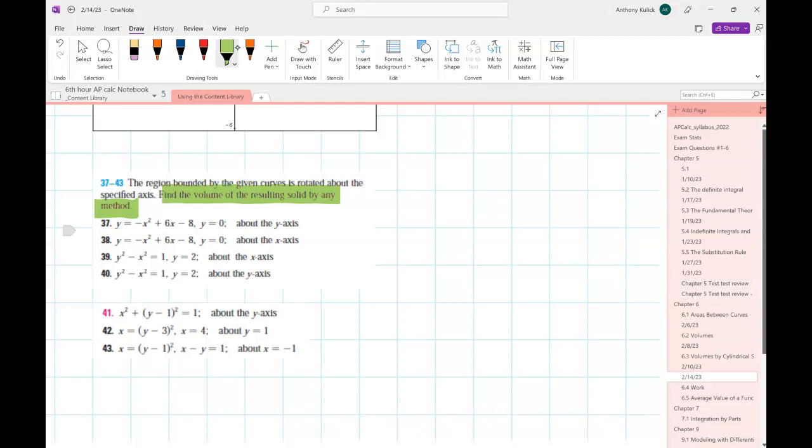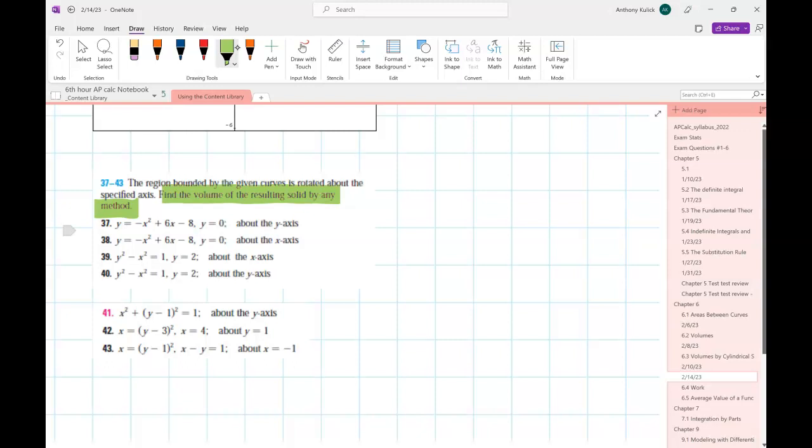Again, find somebody or some buddies. It doesn't matter to me how many people you want to create your brain trust with. But work through these problems, talk it out. It's really important that you're communicating with one another, talking about what to do and why you're doing things, how you're generating your picture, where the parts are, how you're defining your radius or your heights, and how you can choose which method to use.